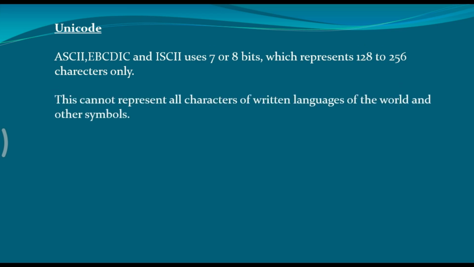This cannot represent all characters of written languages of the world and other symbols. In the world there are a lot of languages. 256 characters are not able to represent these different characters in different languages.